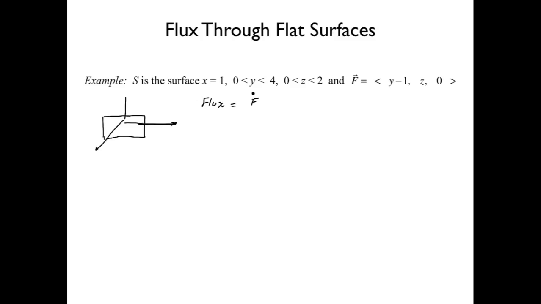F dot S, right? It's the product of the area and the flow, in as much as the flow is in the direction perpendicular to the area, right? That's exactly what F dot S does. Okay, so how are we going to do this?